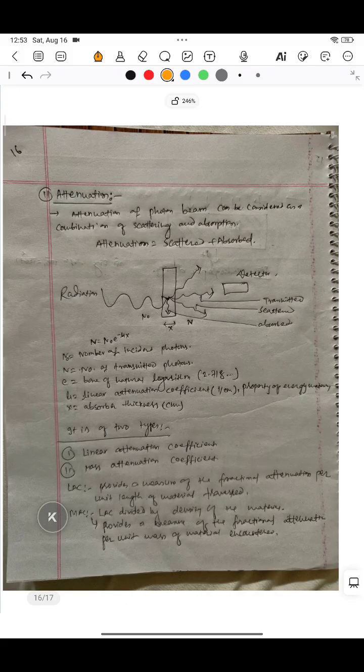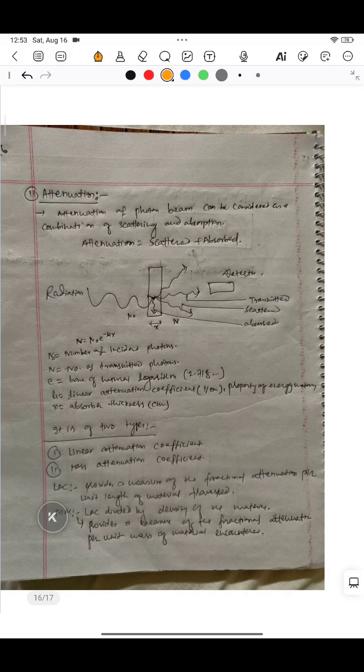Then what is attenuation? Attenuation of a photon beam. So it talks about the photon beam. This one is basically a photon beam, and this one is the radiation, that is the number of photons, and this one is the traversed number of photons. So it is a combination of scattering and absorption.